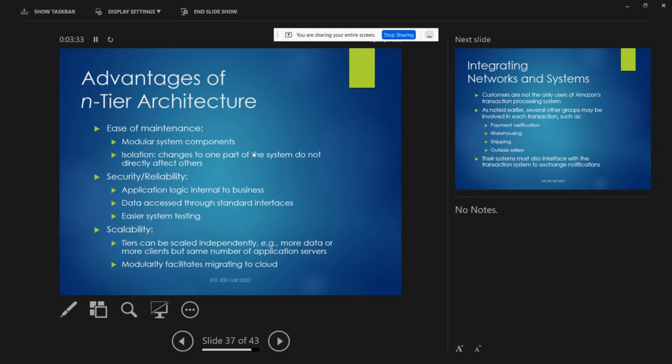And isolation. The nice thing about isolation is that changes to one part of the system don't directly affect others. So, for example, suppose your number of data machines increases by 1,000 every day. Well, you can expand that database tier without necessarily having to add any new server machines, right?